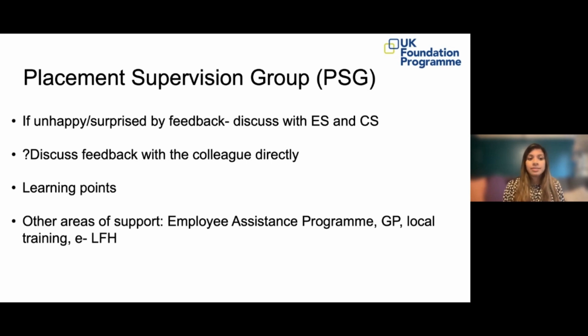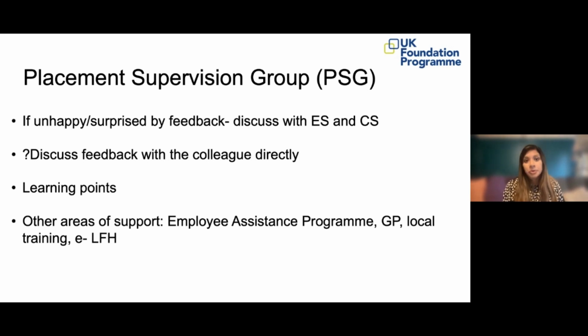There are other areas of support beyond your supervision directly, such as your educational or clinical supervisor or other colleagues, and of course family and friends. But if there's something else that's ongoing and you feel it is influencing your performance at work, there is access to the Employee Assistance Programme through all foundation schools.